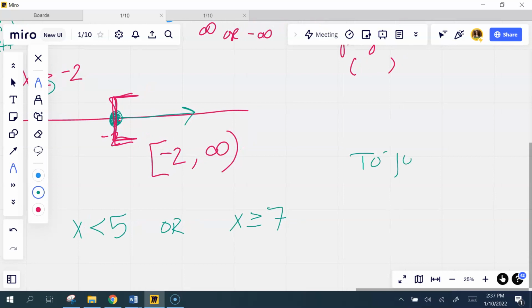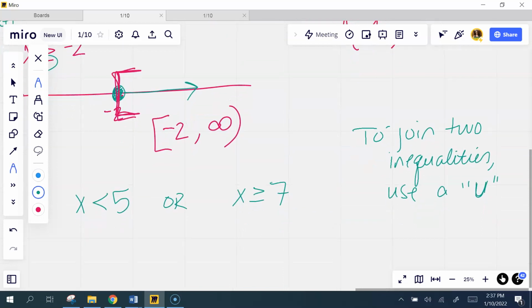All right, to join two inequalities, we're going to use a U symbol, okay? This means union. It combines two sets of numbers.